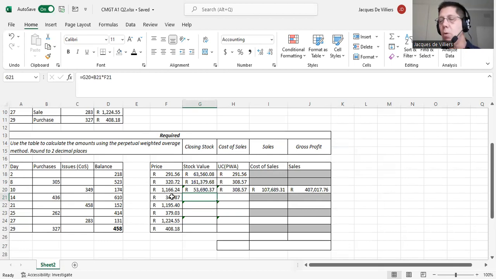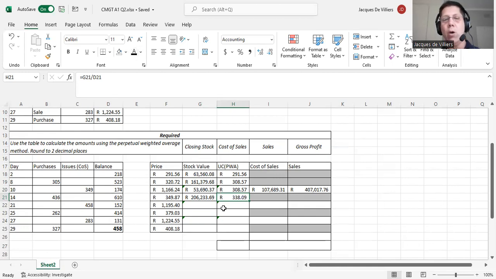And just remember, like always, multiplication comes before addition. So we do this first, and then we add the 53,000. And when we do that, we get an amount of 206,233. That is our new stock value. So we take that stock value, we divide it by all the units that we have on hand, the 610, and we get to a new unit cost here of 338 Rand per unit.